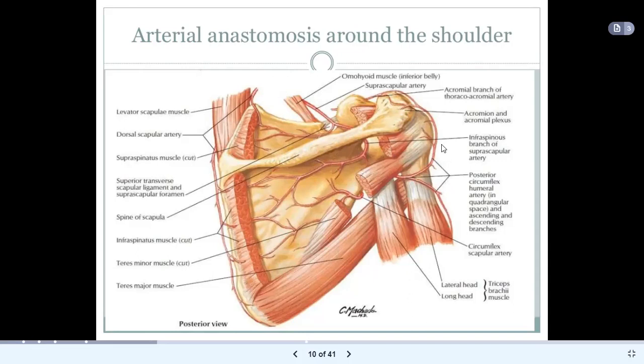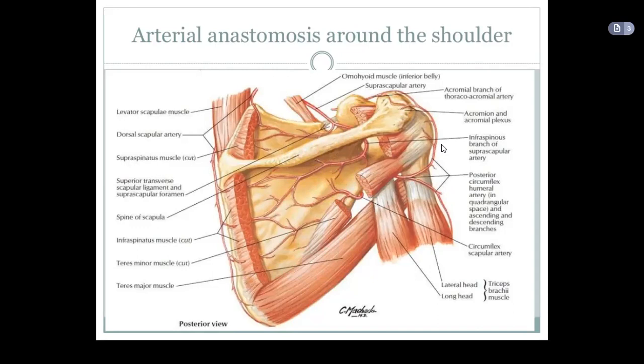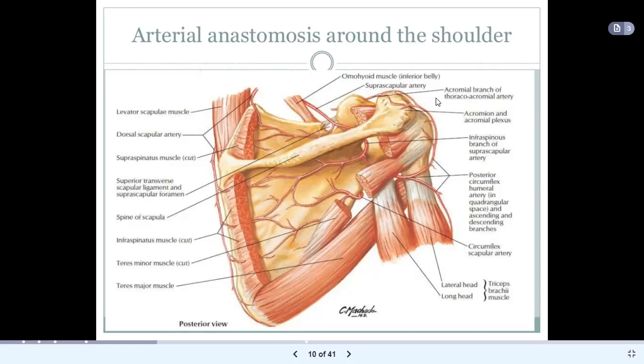So that is part of the anastomosis also. Then it also could not capture the subscapular artery, but know that the subscapular artery is part of this anastomosis. But because we're looking at the posterior view of the scapula, we are not able to see it, but there are 5 blood vessels.